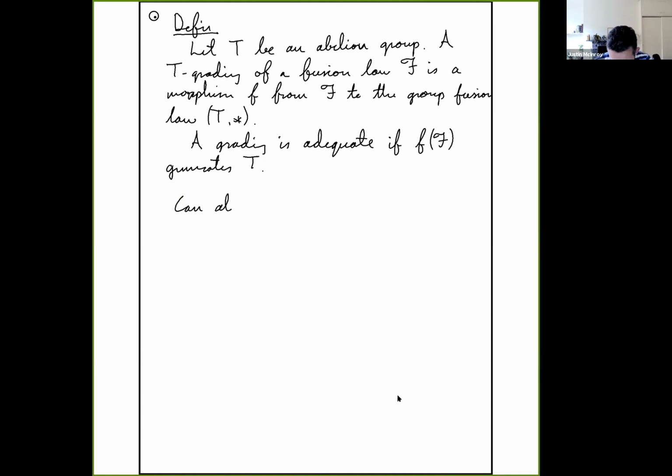So I can always consider only adequate gradings, which I'm going to do.